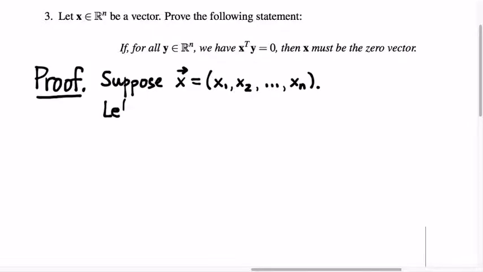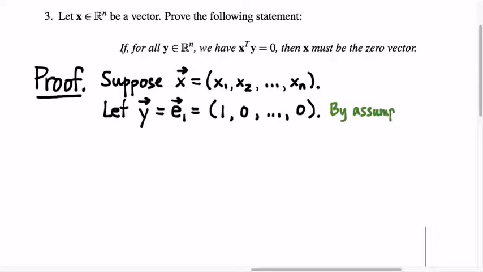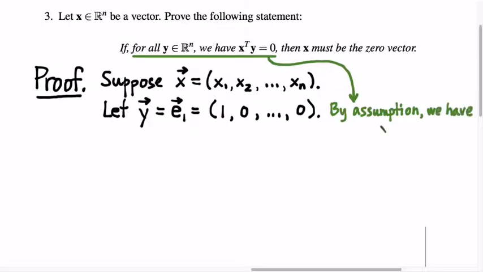So what do we know? We know that if I pick any vector at all y, that x transpose times y is going to be 0. So in particular, let's suppose that we choose y to be the first coordinate vector, the first standard basis vector in Rn, 1, 0, 0, 0, etc. up to 0. Then, because we know by assumption that for all y in Rn, x transpose y is equal to 0, that means that x transpose times this y must be equal to 0.